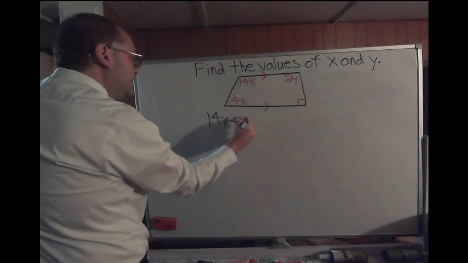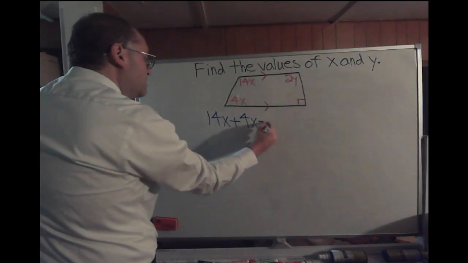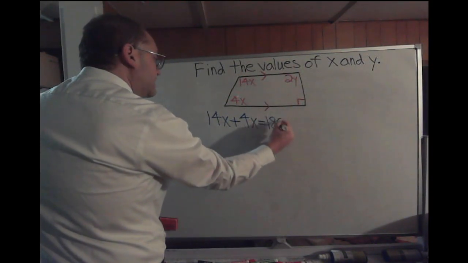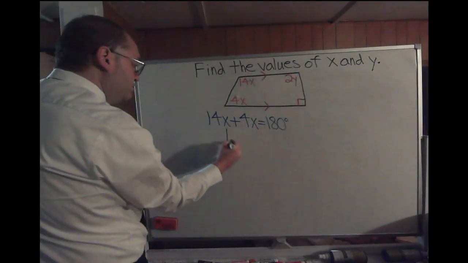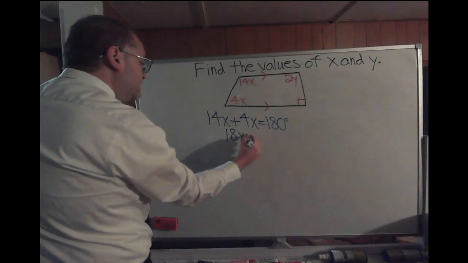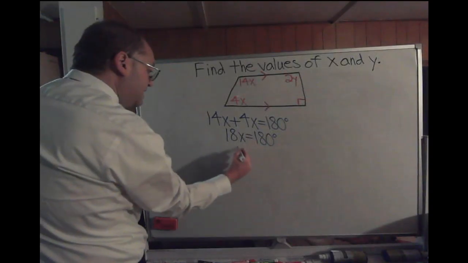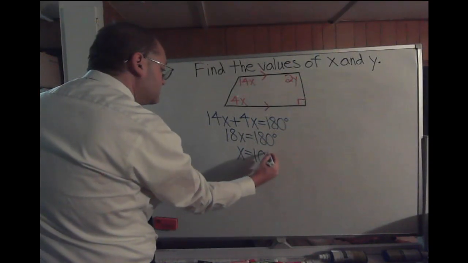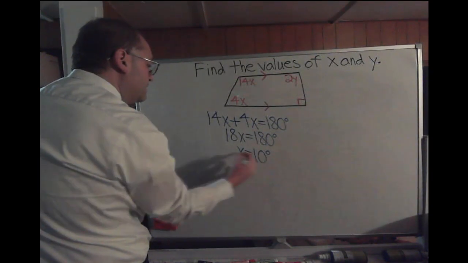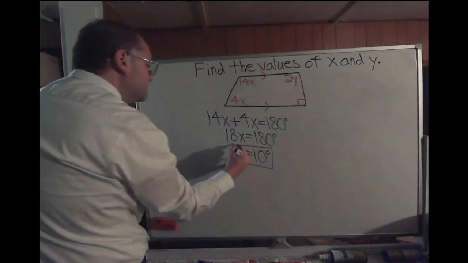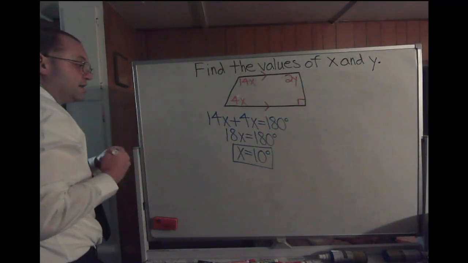So 14x plus 4x would equal 180 degrees, which means then you would get 18x equal to 180 degrees, which simply means that x equals 10 degrees. So therefore x is equal to 10 degrees.